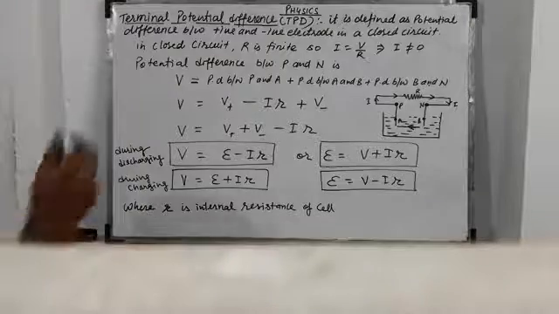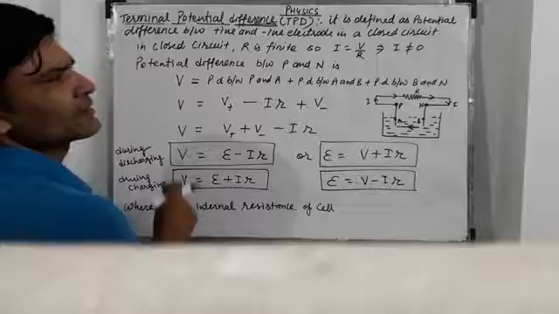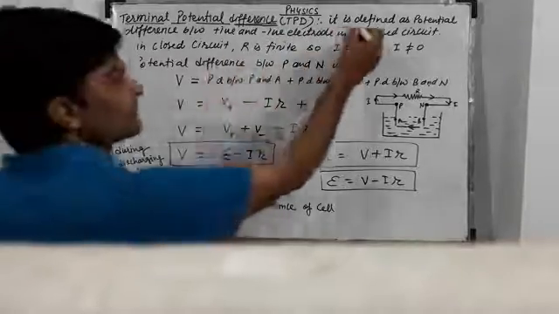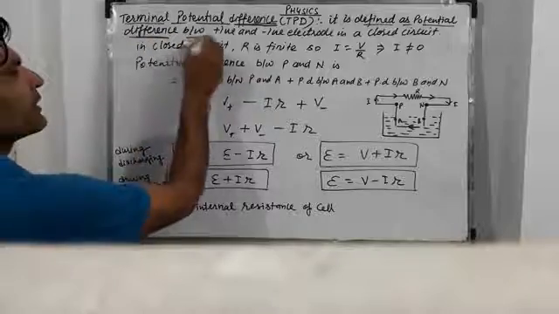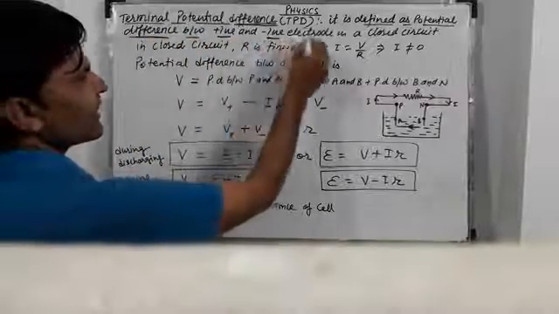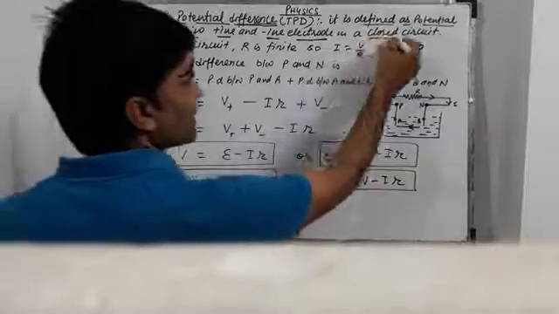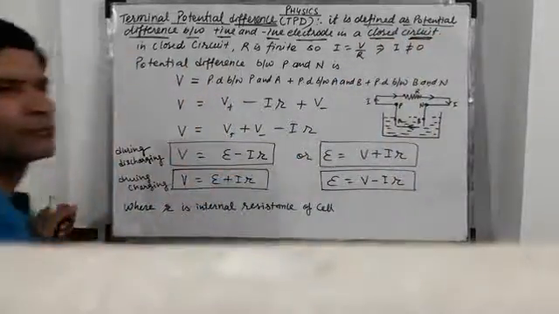Now terminal potential difference. It is defined as the potential difference between the positive and negative electrode in a closed circuit.